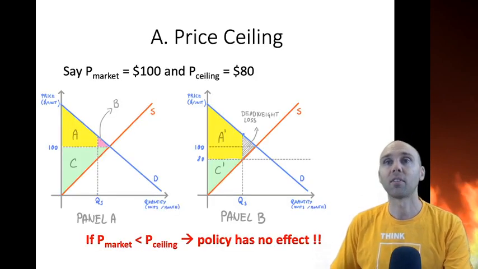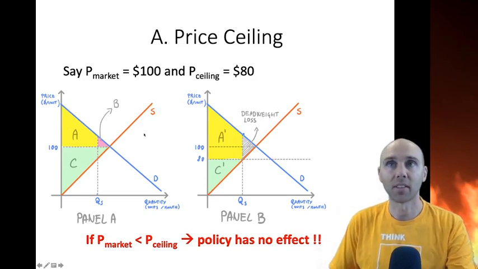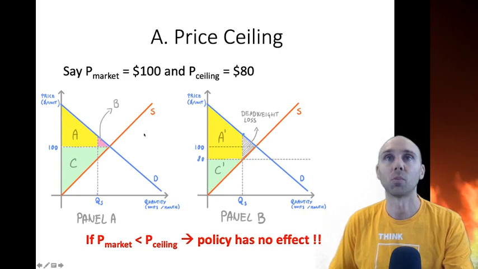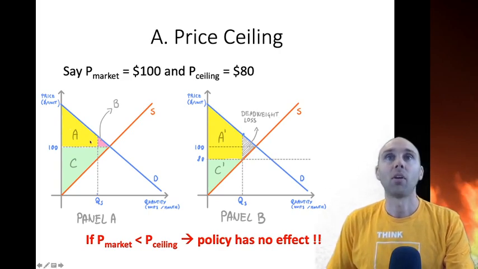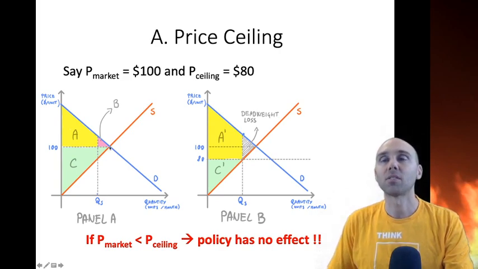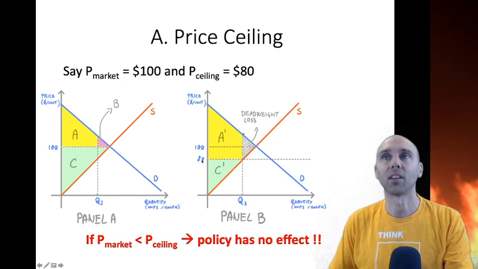So let's say, for example, that the market price was $100 and the price ceiling imposed was $80. Well, on the left, we can see this equilibrium point here at $100, and then we can get a sense of what's happening if we impose a ceiling of $80.